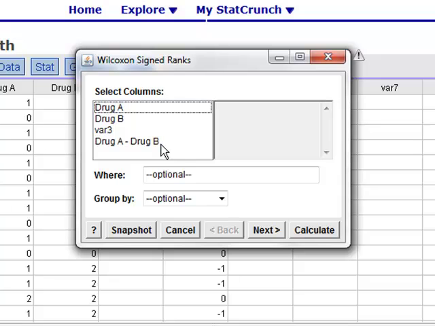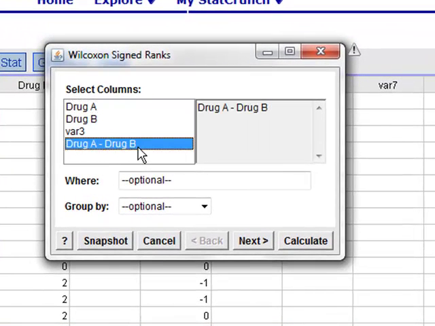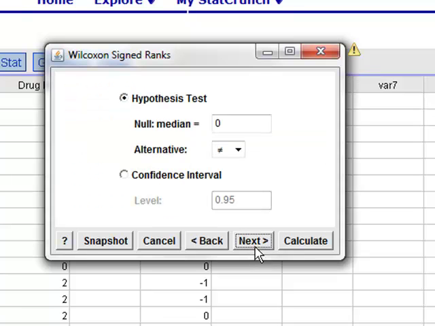In our case, the column that we're interested in is the column containing our differences, so drug A minus drug B. If we click Next, we can select what type of alternative hypothesis we'd like to test. And in our case, we do want to test a not equal to because we were trying to determine if there was any difference in the two drugs.